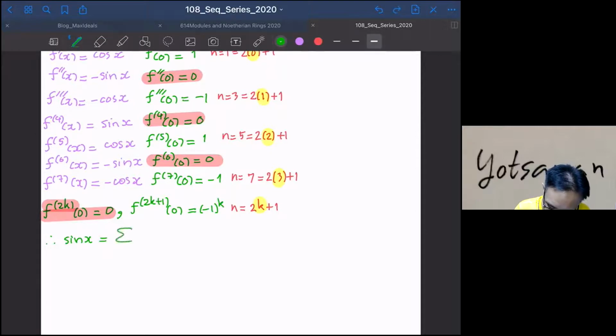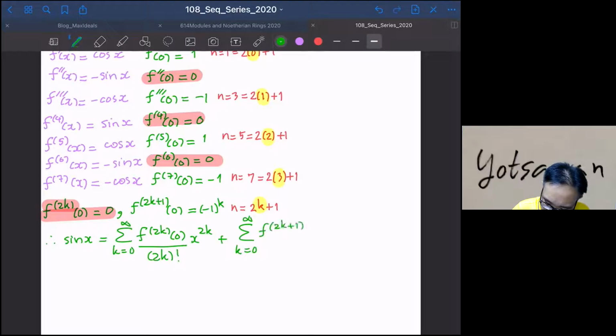It's going to be the sum, k equals 0 to infinity, of f^(2k) at 0 over (2k) factorial, times x to the 2k, for the even part, plus the sum, k equals 0 to infinity, of f^(2k+1) at 0 over (2k+1) factorial, times x to the 2k plus 1.